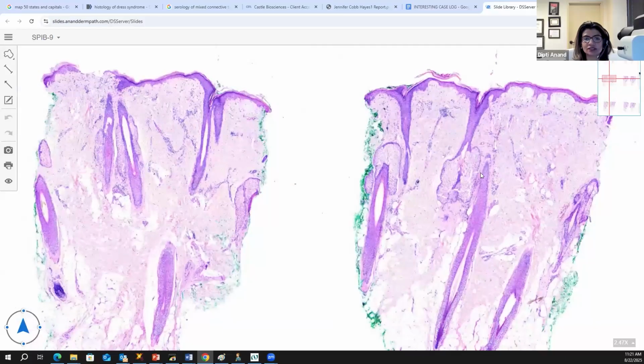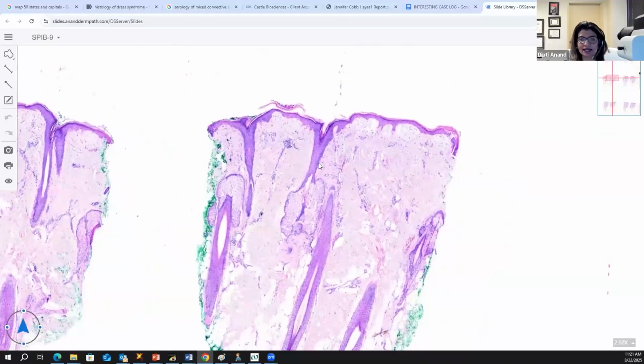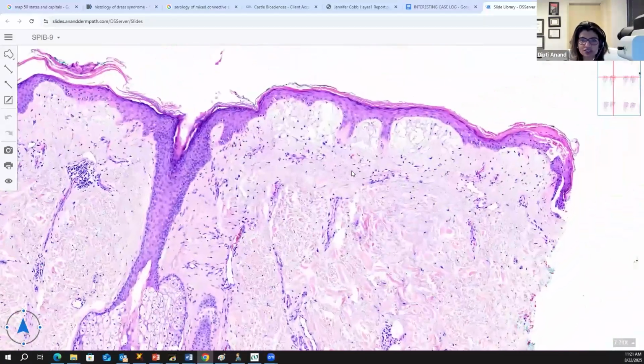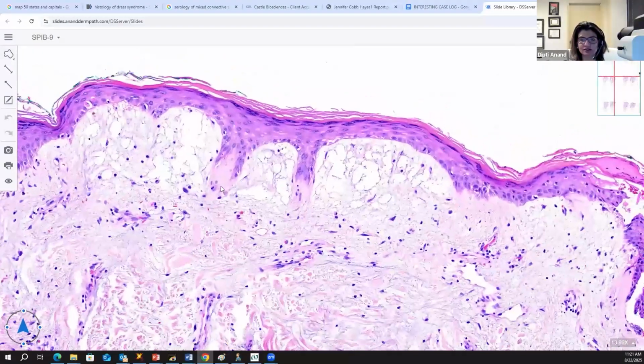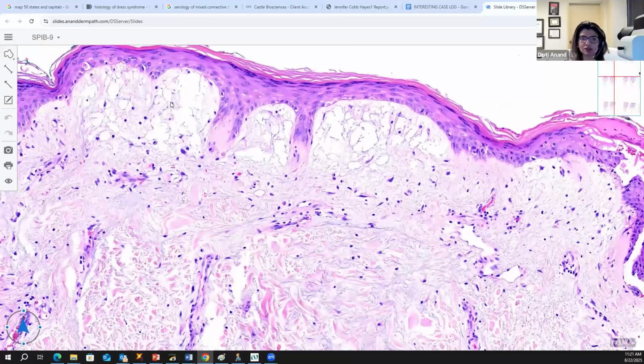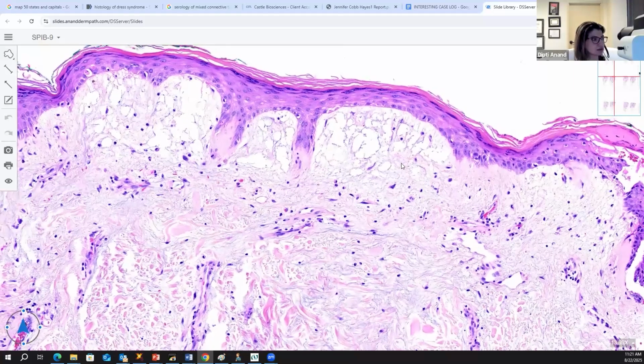Would everybody agree that there is not a whole lot of inflammation? Yes. So this is a common mistake. When you look at it and you are like, okay, there's not a lot of inflammation. And when you go to this part of the biopsy, tell me what would people describe this as? Just open your speakers and blurt out. What do you think this is? How do you describe this?